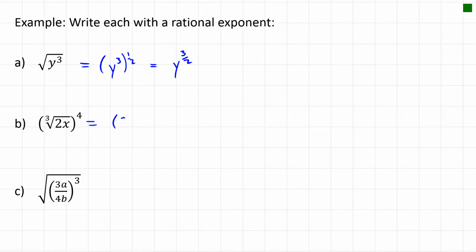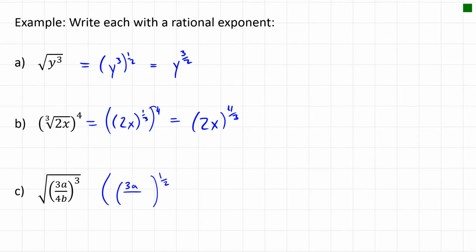So we could write this as 2x to the 1/3, all to the power of 4, which would mean multiplying the 4 into the 1/3, so 2x to the power of 4 over 3. In this last one, we have the square root. We could represent that as a half, and then inside we'd have 3a over 4b all to the power of 3, which means we could write that as 3a over 4b all to the power of 3 halves.